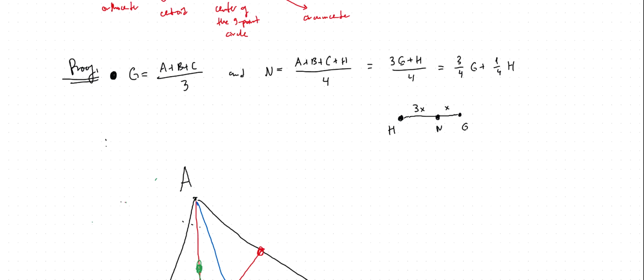So the first observation. The second observation is: homothety centered at H with ratio 2 sends the green points to the vertices.